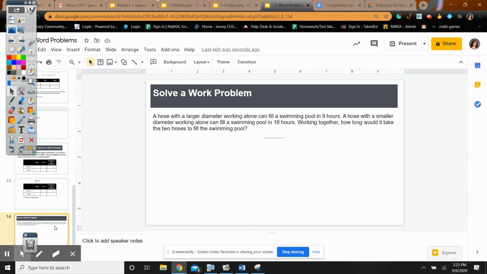Okay, one last one to practice here on our own. A hose with a larger diameter working alone can fill a swimming pool in 9 hours. A smaller diameter, 18 hours. They're going to work together. How long for the two hoses to fill the swimming pool? So we have the larger one and we have the smaller one.